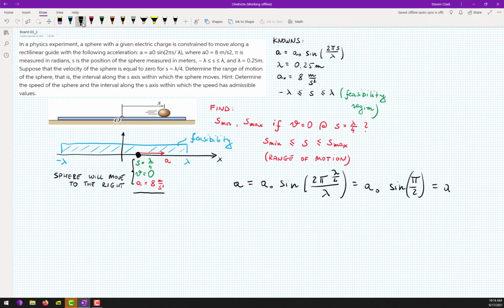So this is a0, which is 8 meters per second squared, because they told us what a0 is, here. That means that our sphere will go to the right. It won't move to the left. It will accelerate to the right. So this is everything we know, and now let's start the solution.